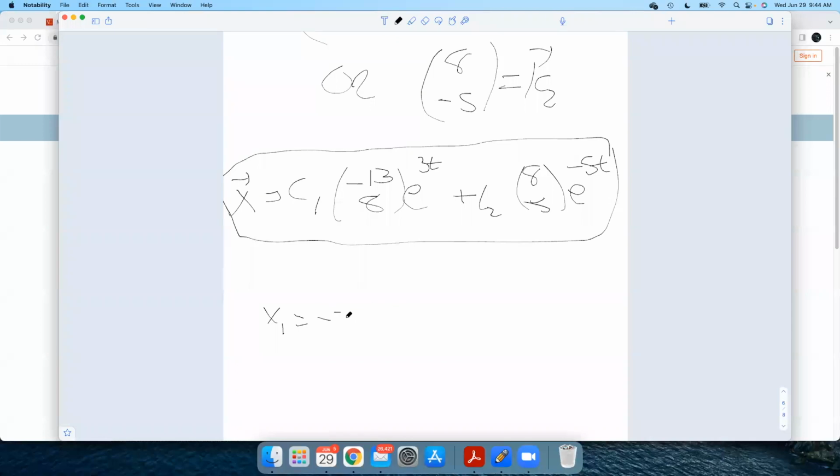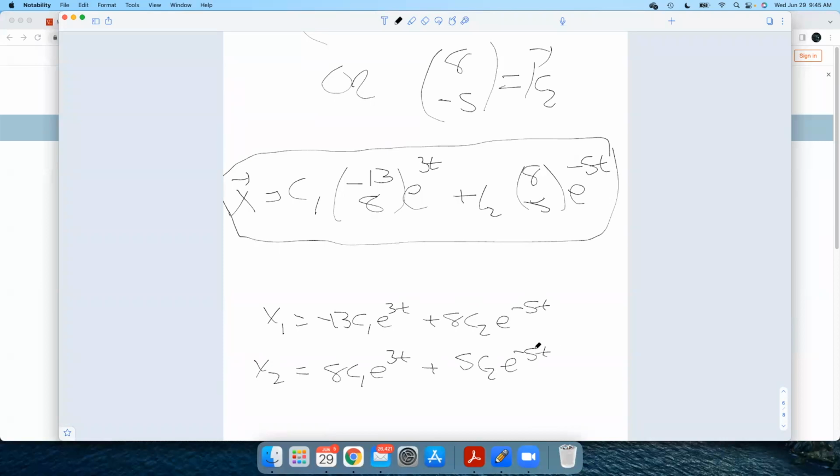Negative 13 C1 e to the 3t plus 8 C2 e to the negative 5t, and then go across the bottom for x2. So that'll be 8 C1 e to the 3t plus 5 C2 e to the negative 5t.